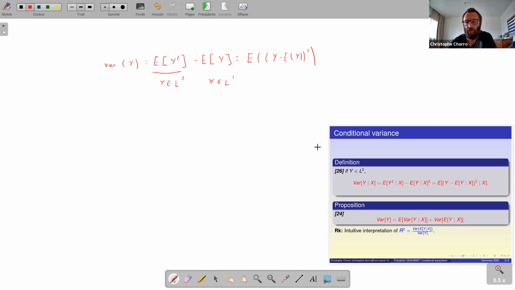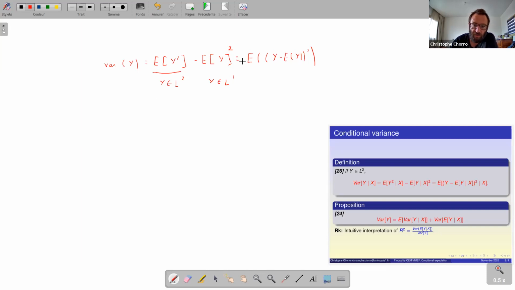And I defined the conditional variance this way. I have defined the variance as the expectation of the square minus the square of the expectation of Y. And for the conditional variance, it will be the conditional expectation of the square minus the square of the conditional expectation.